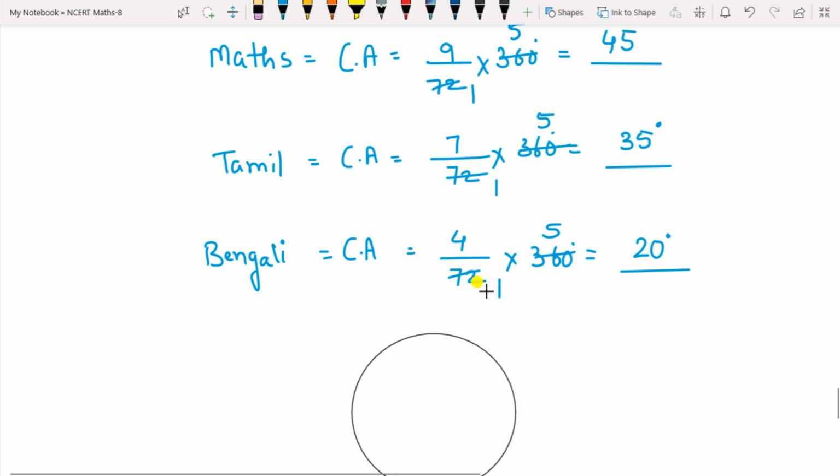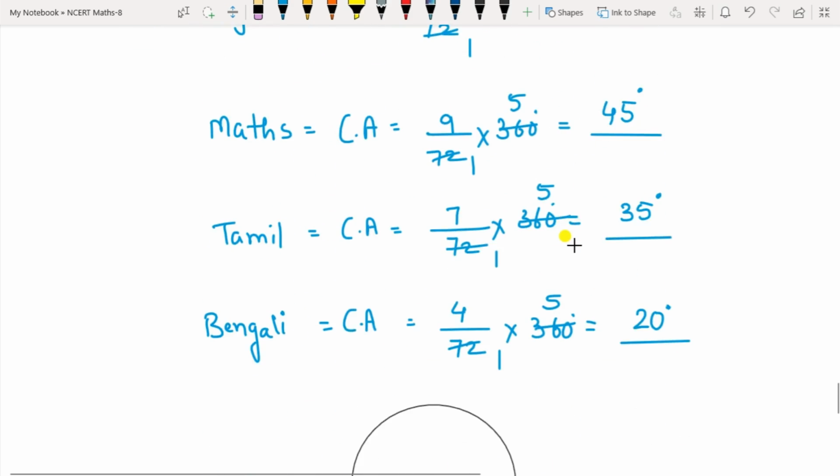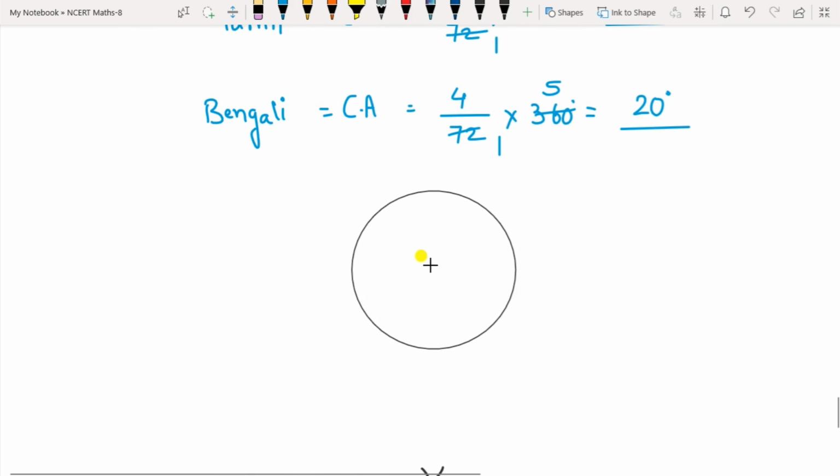Now first we will draw the greater angle, which is Hindi here. So this is Hindi. So for Hindi I can draw it like this. If I make the straight angle, then it will be 180. So slightly here I will draw, because I cannot draw up to the scale.